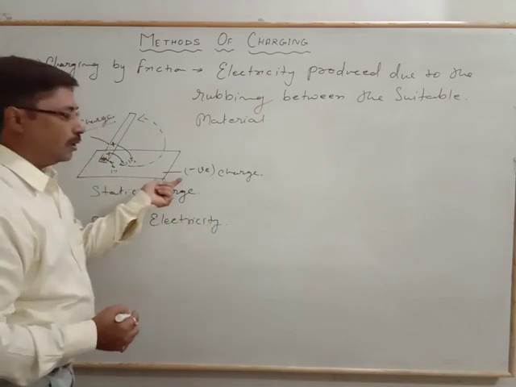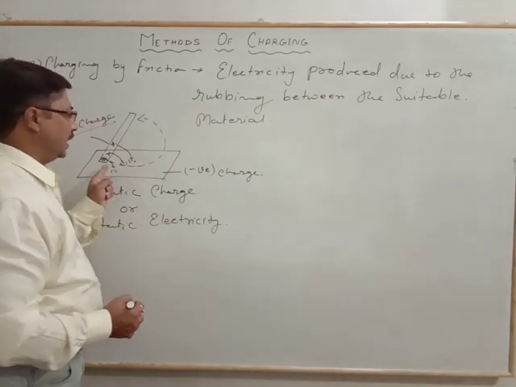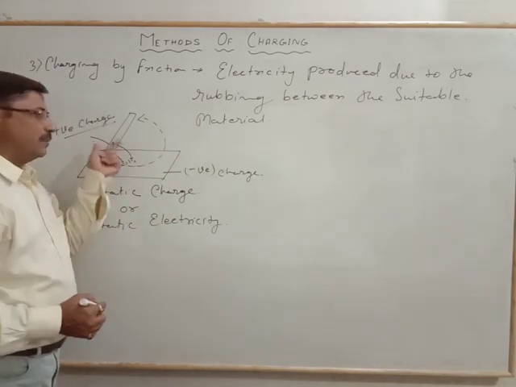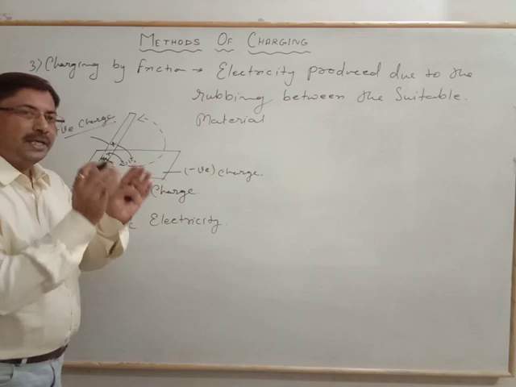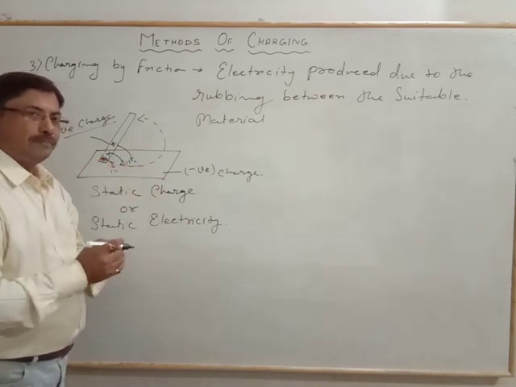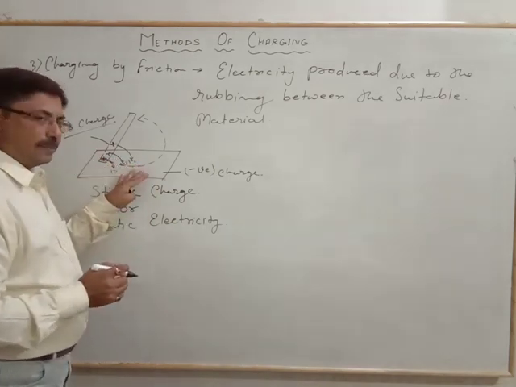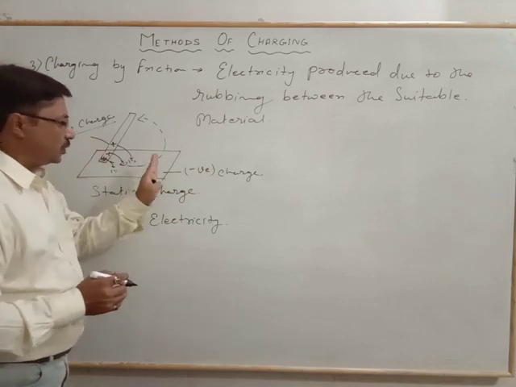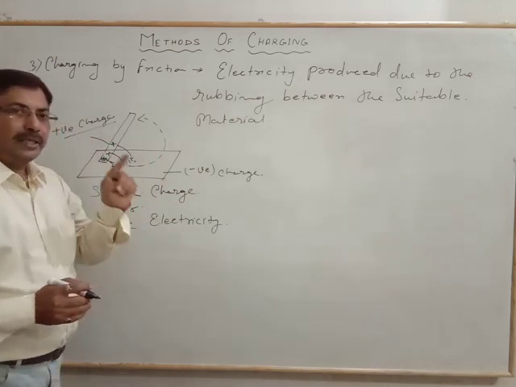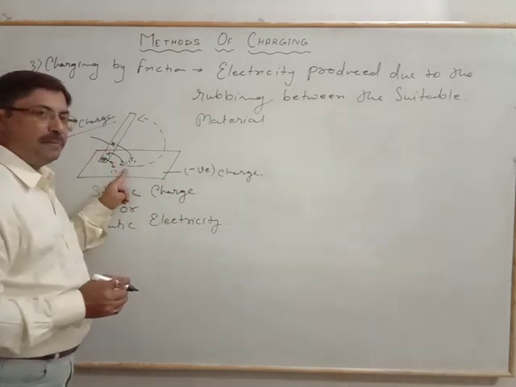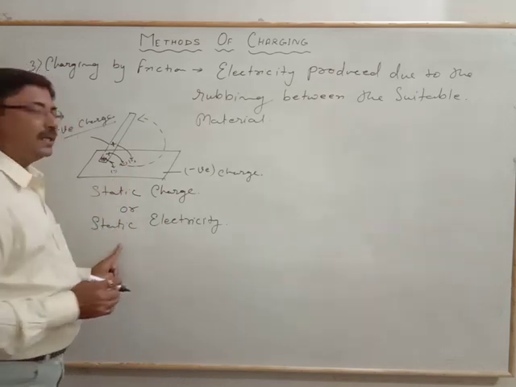The charge will not move in any of the material. It will remain at a particular position. Where there is roughness, motion and friction, at that place only the charge will develop, and that charge will remain stable.